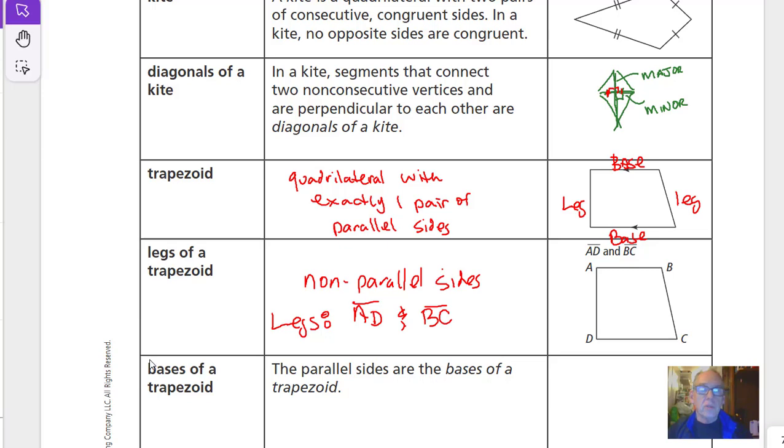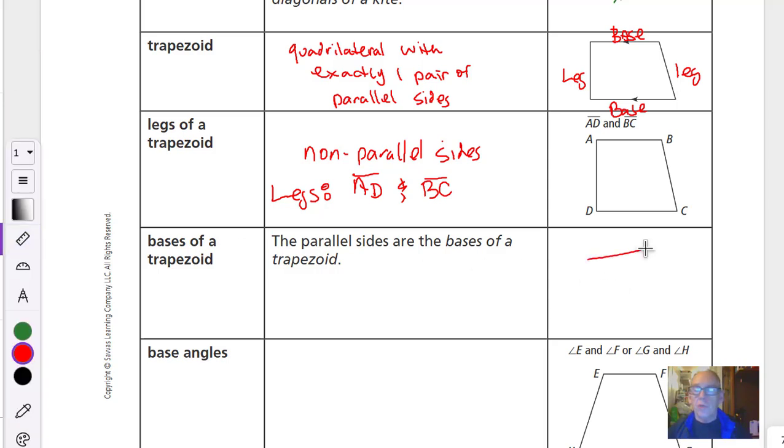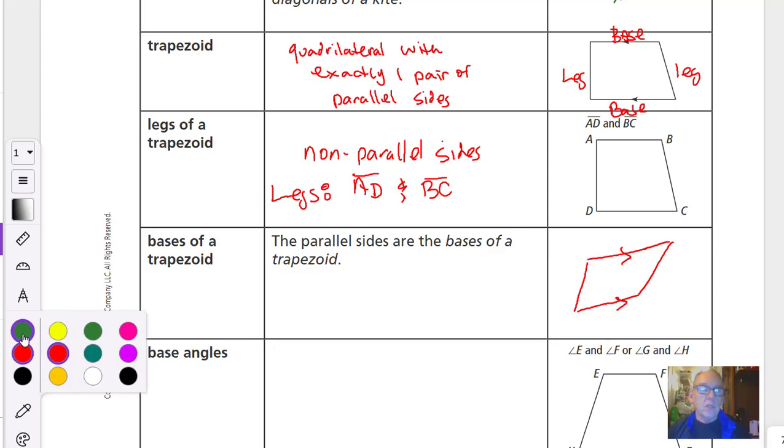Now let's look at the next one. The parallel sides are the bases of a trapezoid. So again, if we draw a trapezoid, so we have this one. These are the parallel sides. Those are the bases. So we call this base 1, we call this base 2, or vice versa.